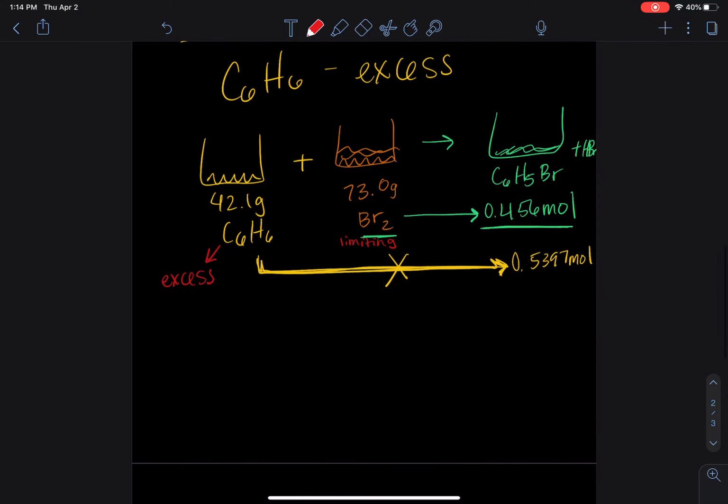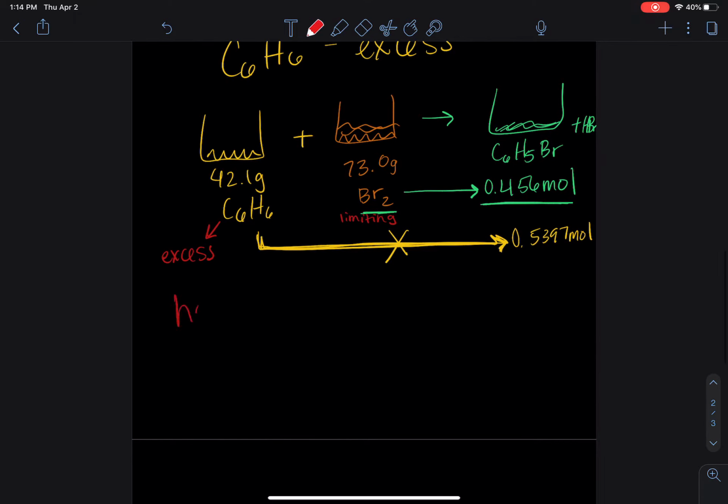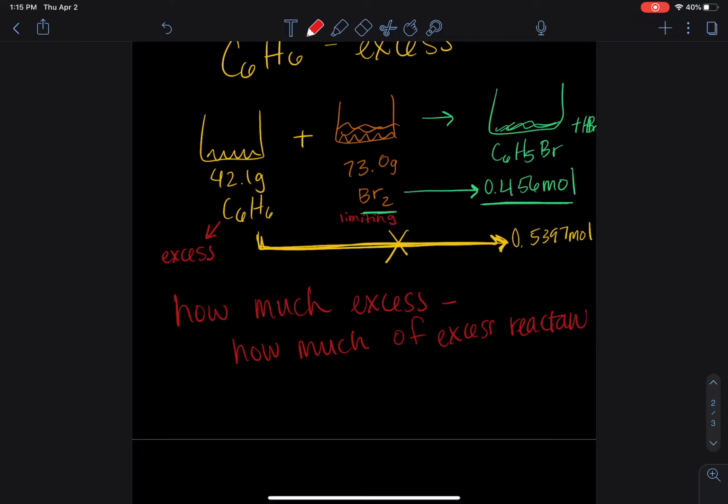So oftentimes the question that comes with this is how much? Okay, so like how much excess? We normally say how much of your excess reactant was left over? Okay, so you have to figure out how much was left over.